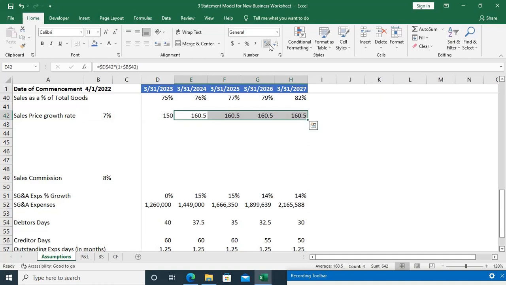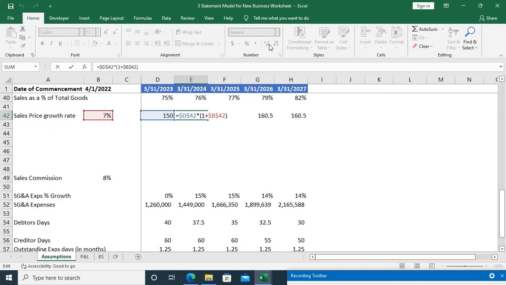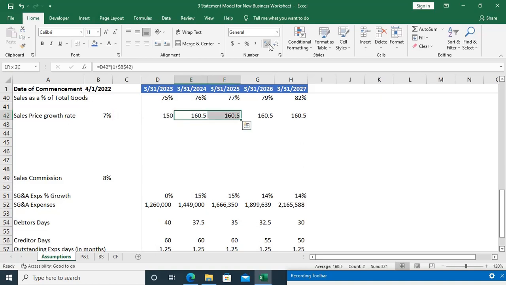Control R. Why is it not working? Okay, I got it. As it moves rightward, it should be taking this data. Then why didn't it work? 160. As I am moving rightwards, it is becoming this.